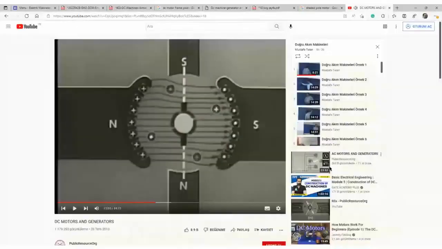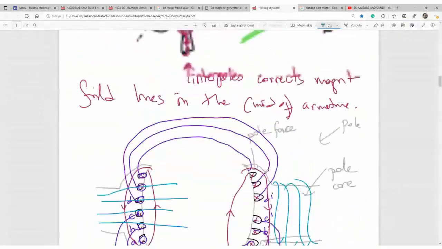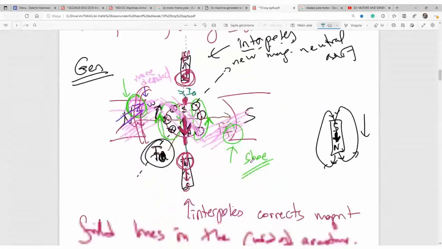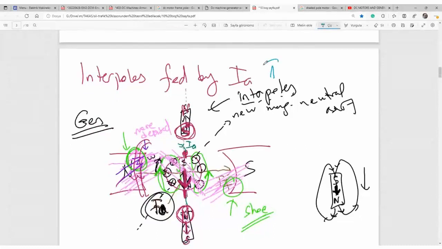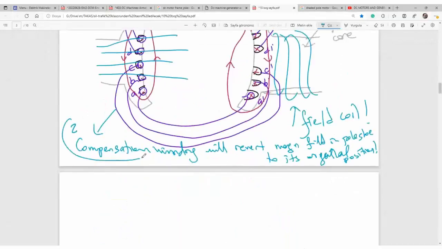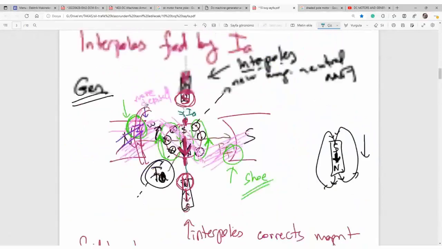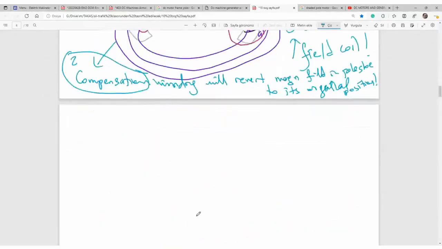Now, here we have learned two different methods. One is using interpoles. First method was using interpoles. The second method was using compensation winding. Here you see that mechanism must be adaptive. Armature reaction effects must be cleared out adaptively.